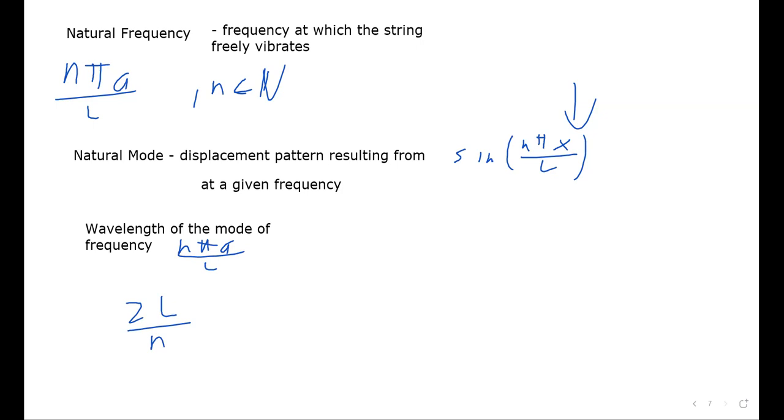So if you look at that wavelength, essentially the period is 2 pi over, whoops, except we don't put the x in there. So if we do our canceling and move things around, you can see you get that 2L over n.